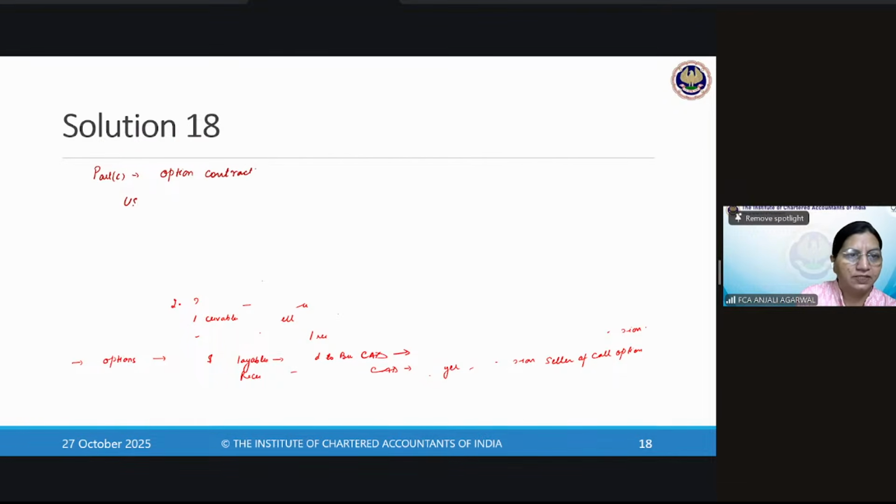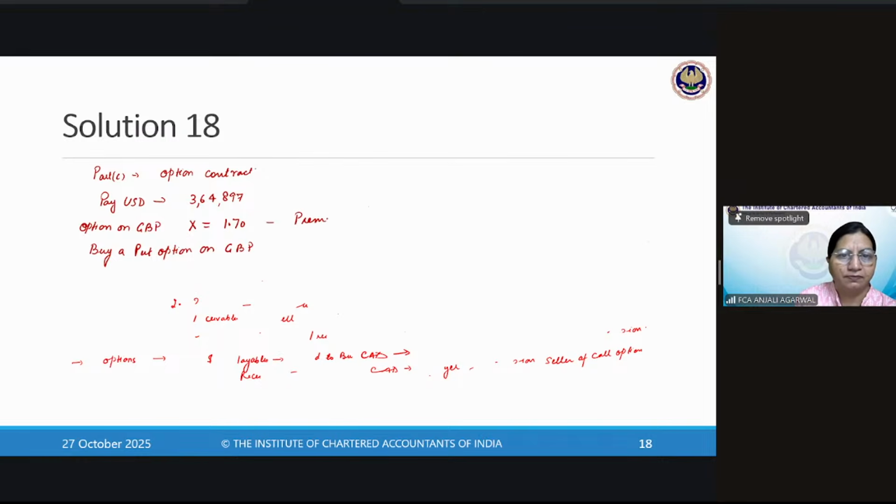We need how many USD? 3,64,897. Option is on pound. So we'll buy a put option. Strike price 1.70.